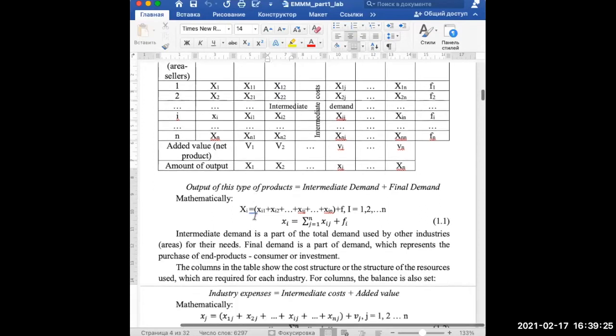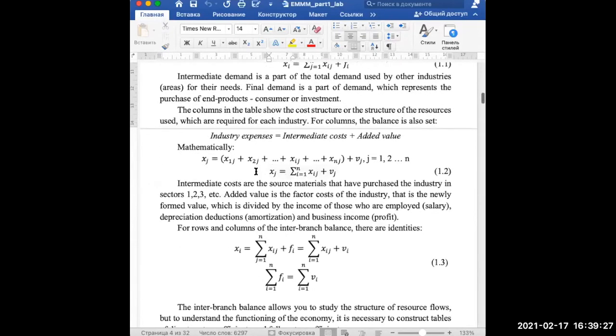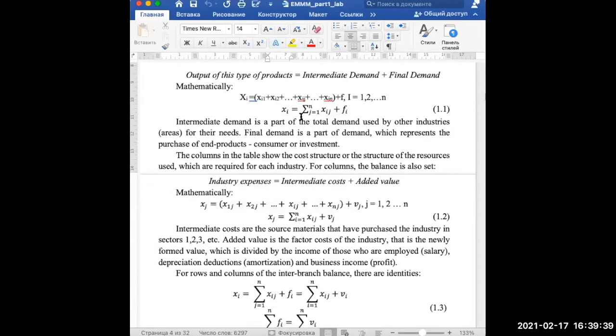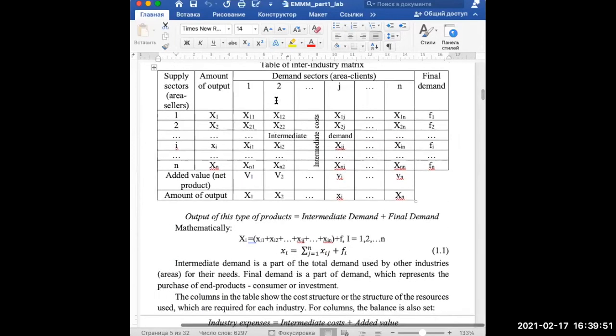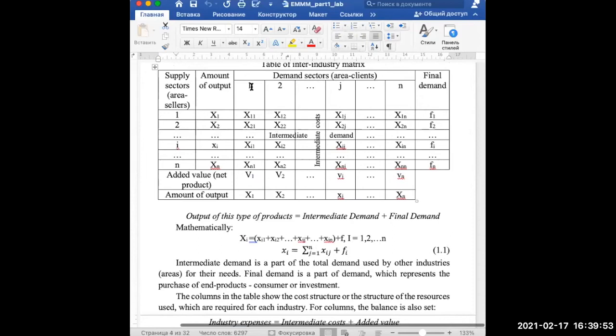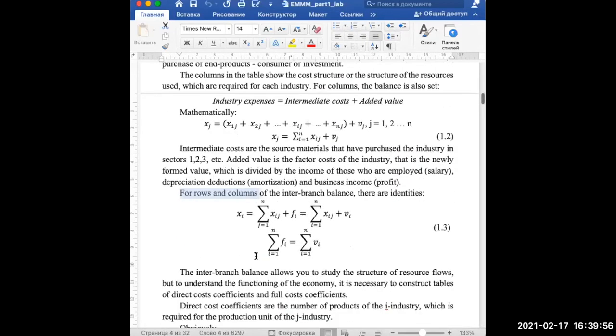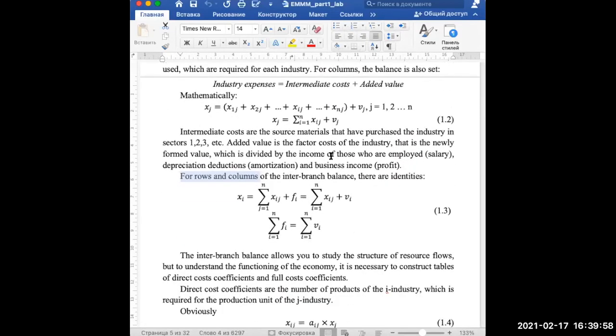Yes? So in this case, if we mathematically compare these formulas, and if we take into consideration all our assumptions, what can we see? We can see that for rows and columns must prove the interbranch balance.